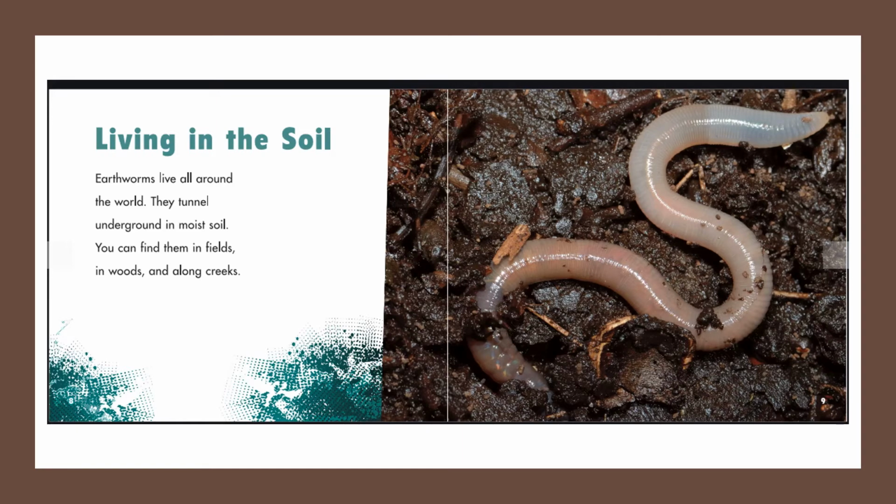Earthworms live all around the world. They tunnel underground in moist soil. You can find them in fields, in woods, and along creeks. Now, this is the information, the facts that were given from a book that I found on Mayan about earthworms.